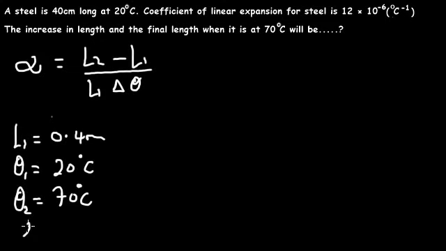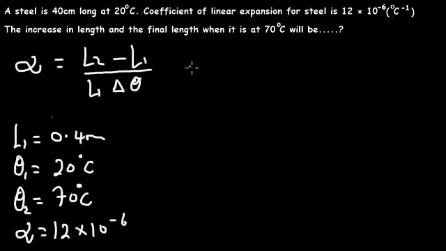One more thing, the expansivity. Let's say for steel, it's 12 times 10 to the power of -6. Perfect. Now we can plug in the corresponding values and determine L2 and likewise the change in L. So first we need the change in L, which is the increase in length.